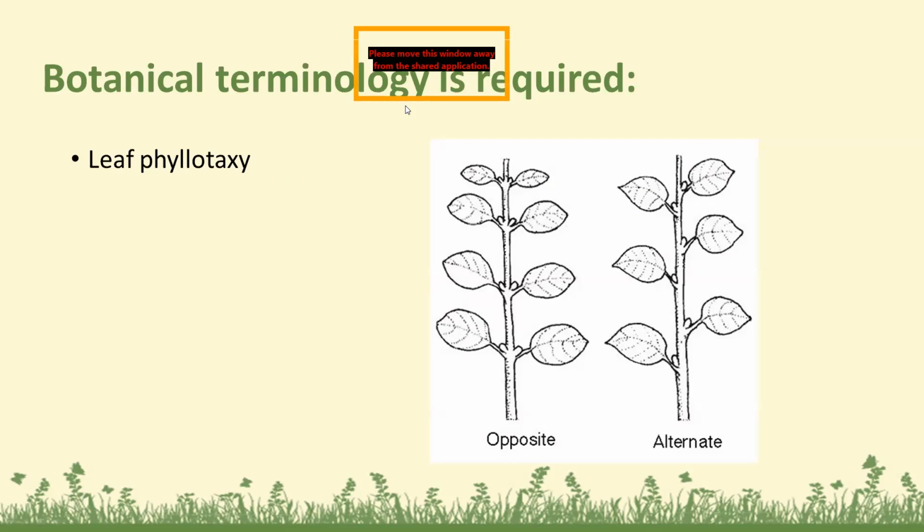Basically, how is the leaf situated in relation to other leaves on a stem or a branch? The biggest thing you can look at is opposite versus alternate. There's also a third category called whorled, where multiple leaves will come out from the same area, but it's a lot less common with regards to trees and shrubs.